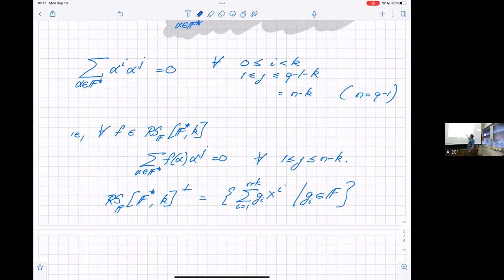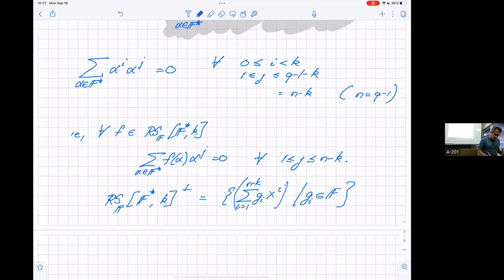Take all these polynomials and evaluate them, but there's no constant term. That is the only difference between Reed-Solomon duality over the whole field and over F star: the dual space here is all polynomials without the constant term.